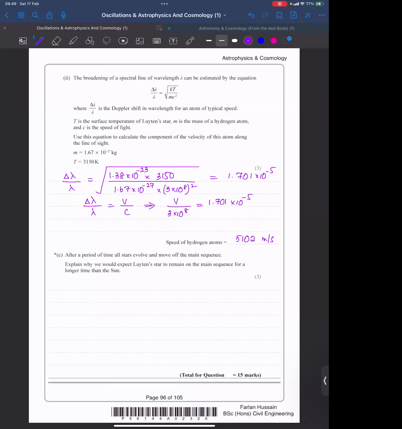Okay. The next one, after a period of time, all stars evolve and move off the main sequence. Explain why we would expect the star to remain on the main sequence for a longer time than the sun. Reason?